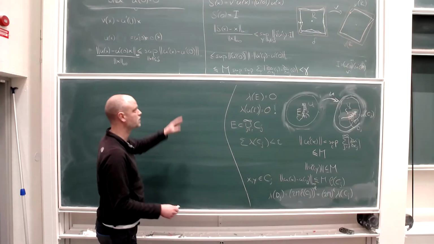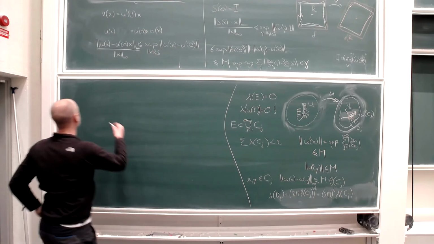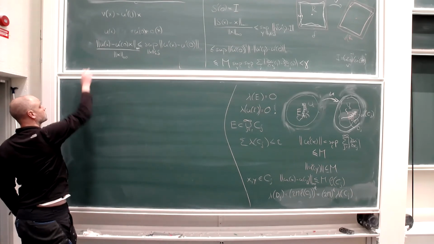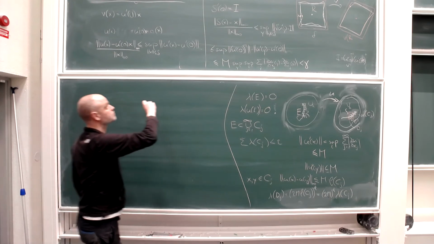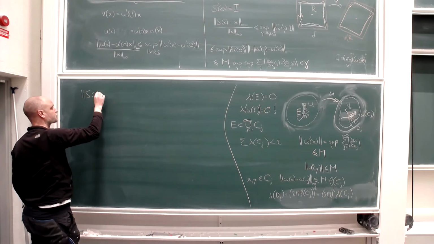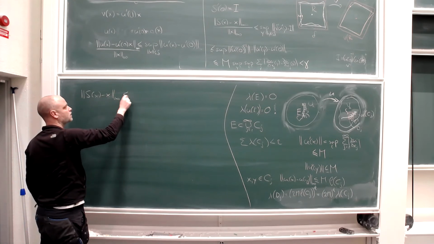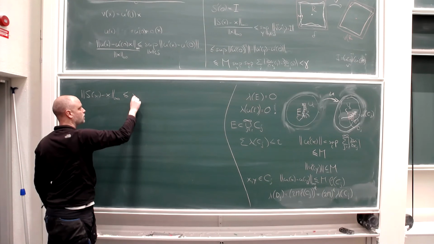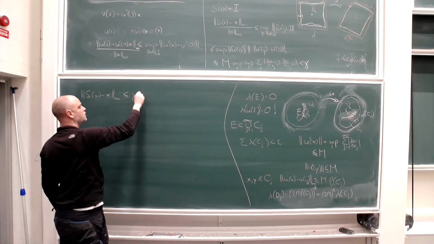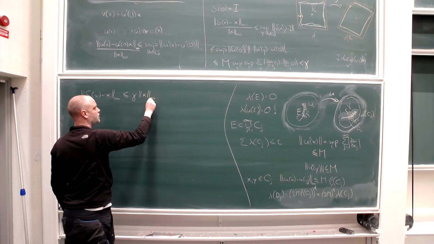Now don't worry about this, this is just the old stuff I had there. But right, so now I know that the norm of S of x minus x in the infinity norm is less than or equal to gamma times the norm of x in infinity.